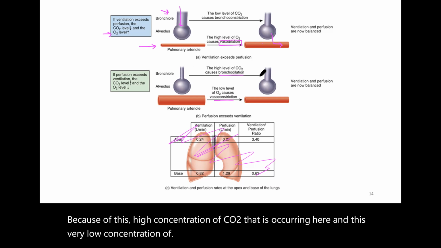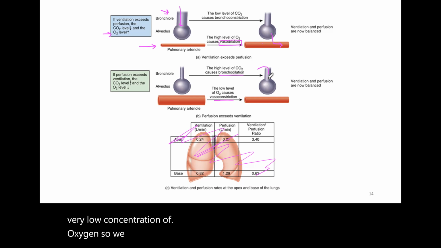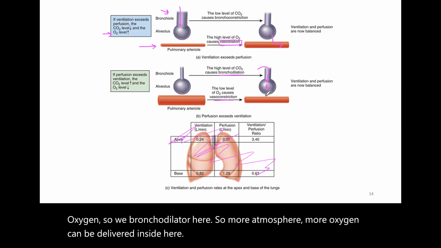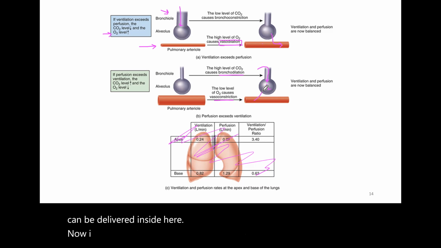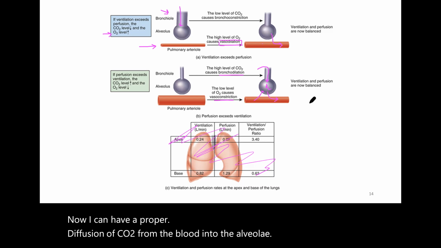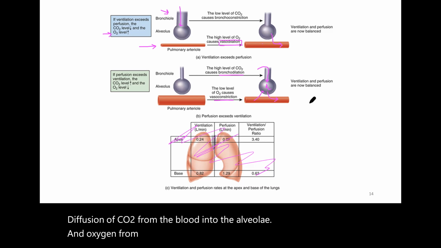So we bronchodilate here. So more atmosphere, more oxygen can be delivered inside here. Now I can have a proper diffusion of CO2 from the blood into the alveoli and oxygen from the alveoli into the blood.